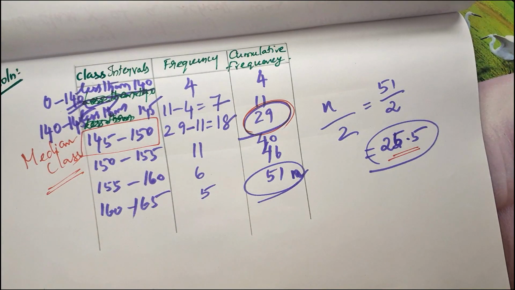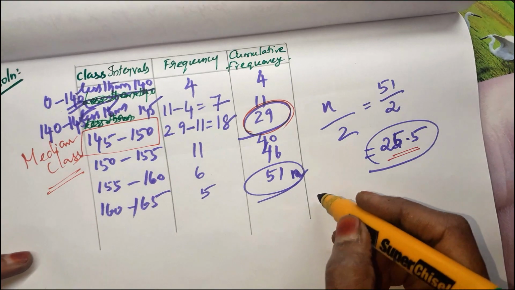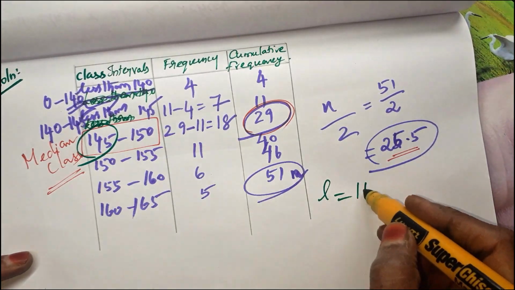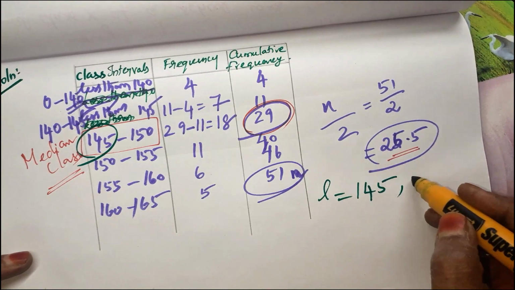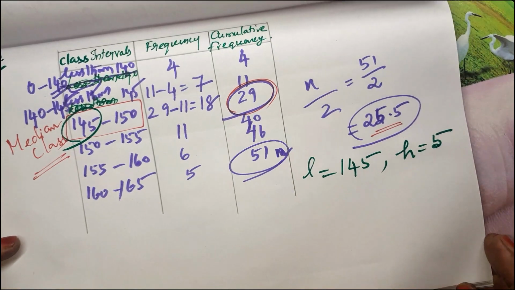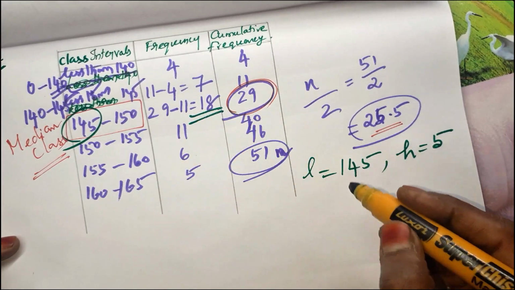In the median class, we have to write what are the values we got. So tell me the values. What is L? L is the lower limit of the median class. H is the length of the interval. H is 5. Am I right? Then this is the frequency we have.